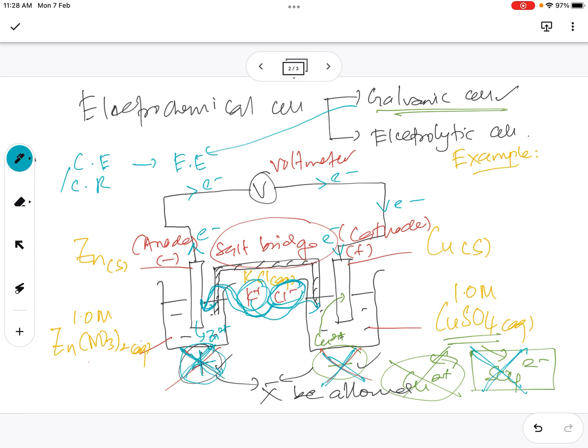Because we stop the build up of positive charge, we stop the build up of negative charge, the electrochemical cell functions as normal. So what happen bila saya keluarkan salt bridge? You can imagine bila kita keluarkan salt bridge, positive charge sebelah kiri semakin bertambah, negative charge sebelah kanan semakin bertambah. Tak ada orang nak neutralkan dua-dua ini. There's no one to neutralise both the charges.